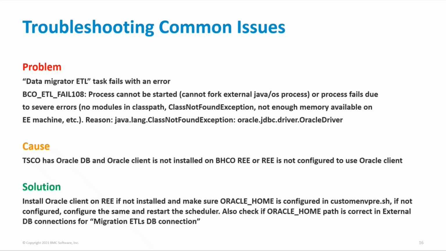Now let's begin with the troubleshooting section. We just saw how the entire workflow looks in the demo, how the validations happen, and what things need to be looked at or validated in the BHCO. Having seen all these things, I'll highlight some of the common issues that we may face when we run the migration toolkit.